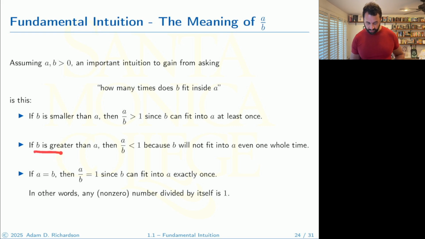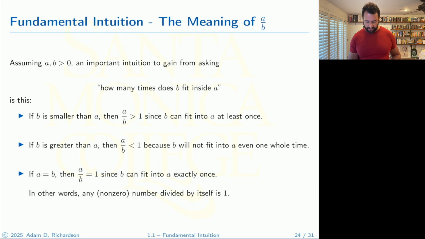Now, if B is greater than A, so B is the bigger number here, then A over B has to be less than 1 because I can't even fit a whole B in there. I can't fit a whole B into A. So A over B has to be less than 1. Now, if A is equal to B, then A over B has to be equal to 1 because I can fit B into A exactly one time, or exactly once.